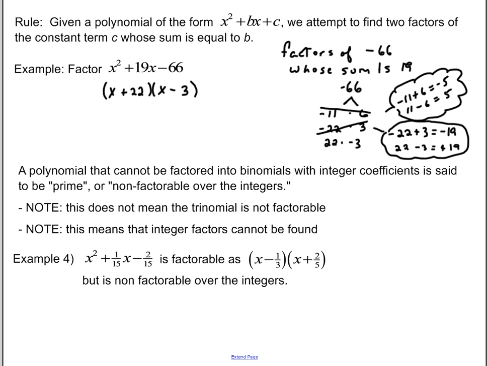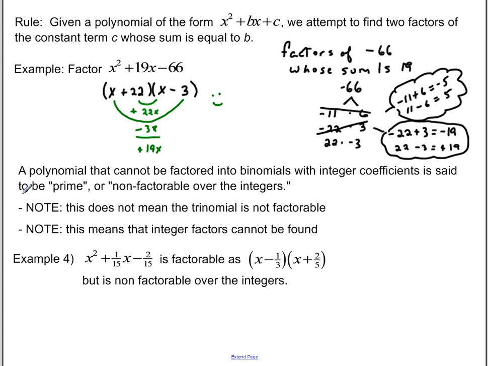And of course, you can check by looking at those two middle terms from your FOIL, right? If you work with your two inner terms, we'd have plus 22x. And if we looked at our two outer terms right here, we would end up with minus 3x, and we know that from our previous discussion, 22x minus 3x is positive 19x, which is the middle term, and so we're all set.